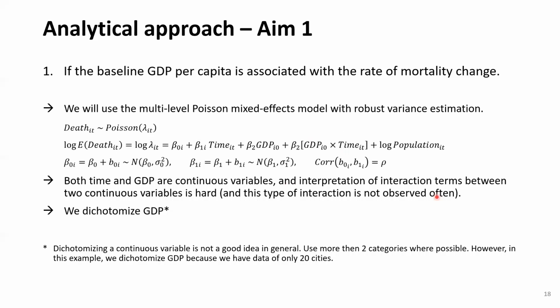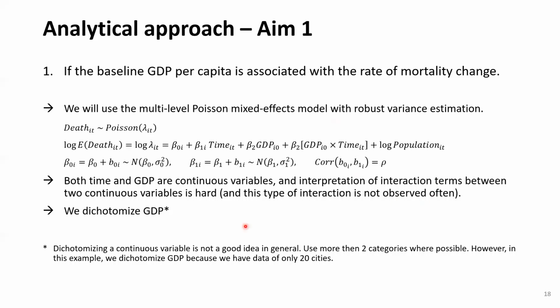We do see interaction very commonly, almost 100%, or if it is not 100%, close to 100%. Always we see interaction, but in many cases we don't have power to detect interaction. But the problem is we don't see this type of interaction, continuous times continuous variable. This is what I meant by not often.